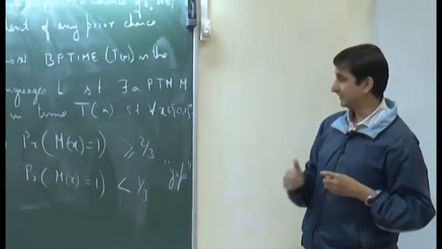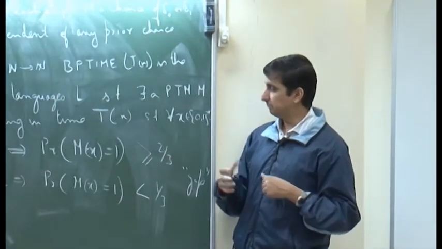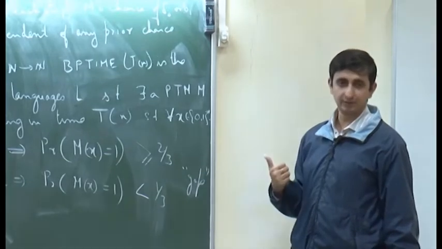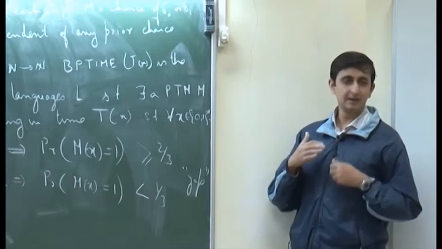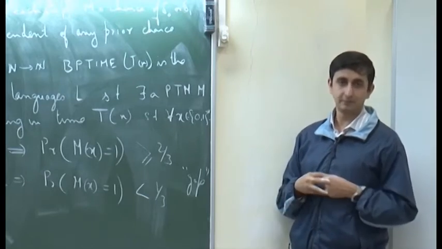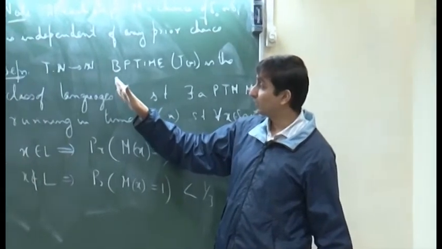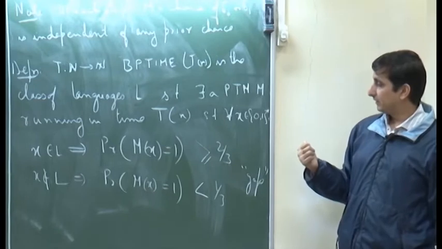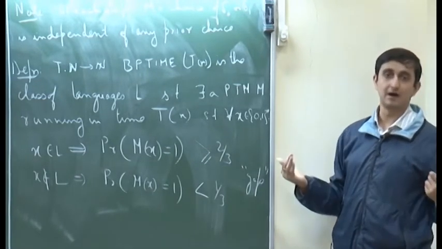Why do we arbitrarily choose this constant 2/3? There is nothing magical about 2/3, it is just some constant that is bounded away from half. B stands for the term bounded, and what we mean by bounded in this case is some number that is bounded away from half.